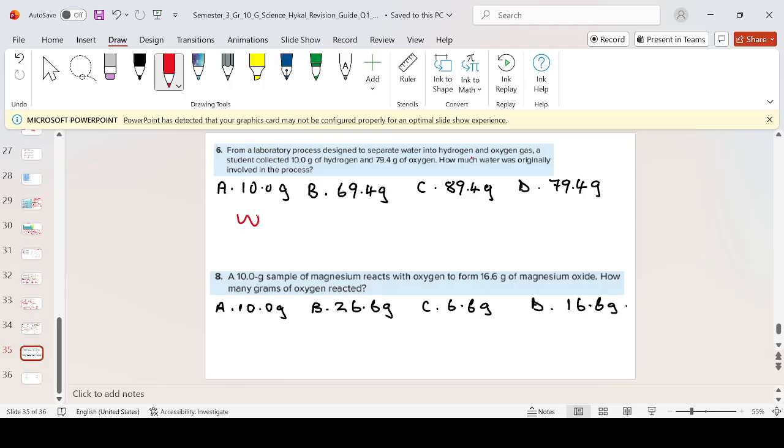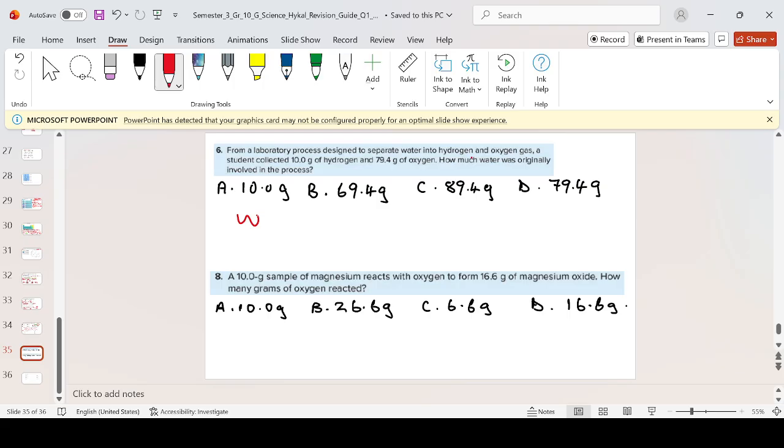A sample of magnesium reacts with oxygen to form a sample of magnesium oxide. So Mg, magnesium, reacts, it means plus, reacts with oxygen to form. This is forming the product. Our product is magnesium oxide. Magnesium oxide is the product. So now put the masses.